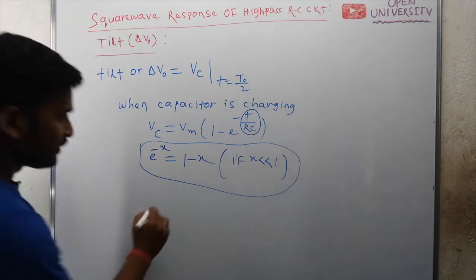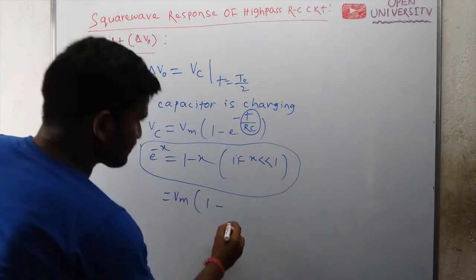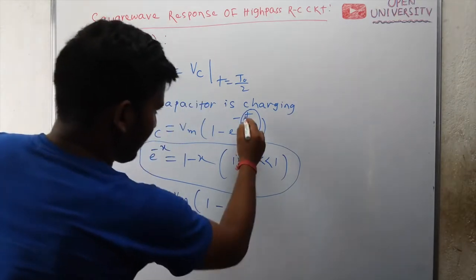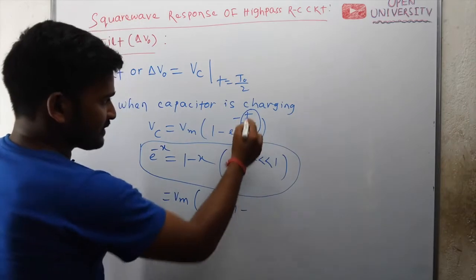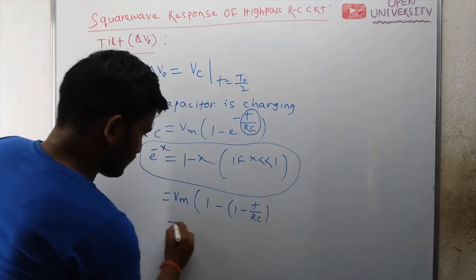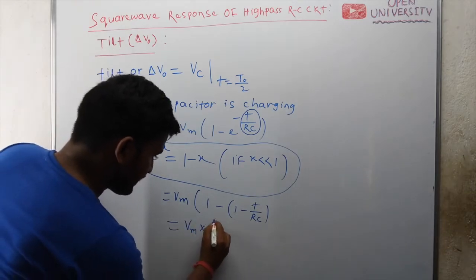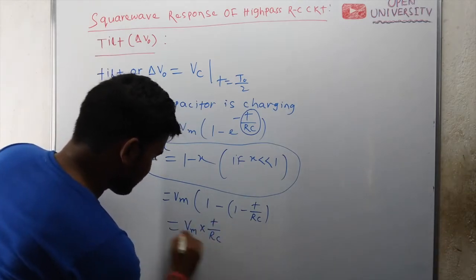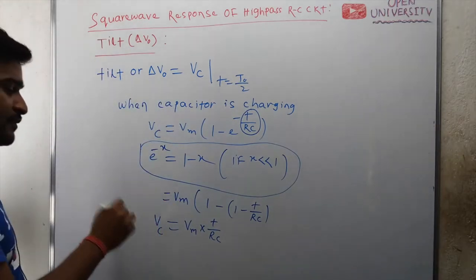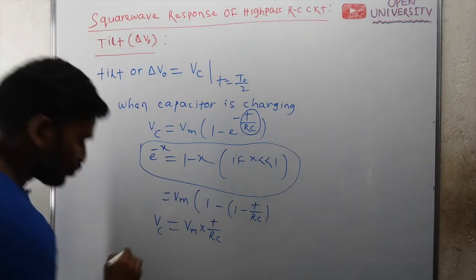So write down there Vm into 1 minus e power minus x as 1 minus x, that is 1 minus t by RC. 1 cancels, then it will be Vm into t by RC. This is what is Vc. I want to find out what is Vc at t naught by 2.